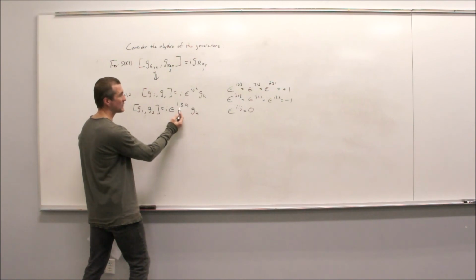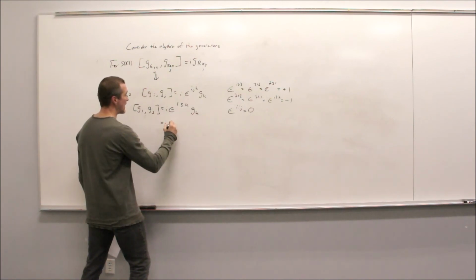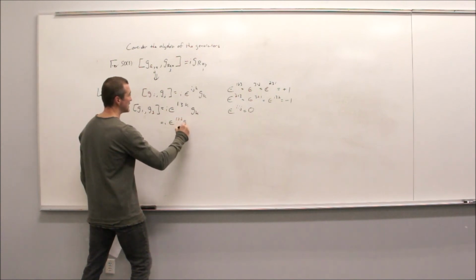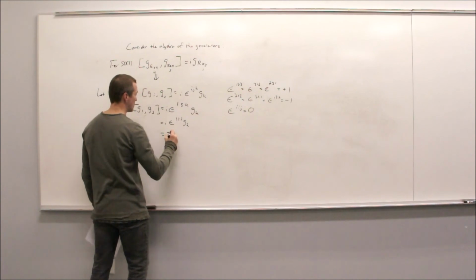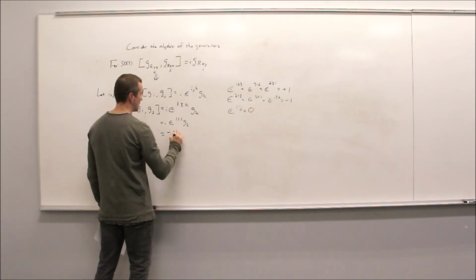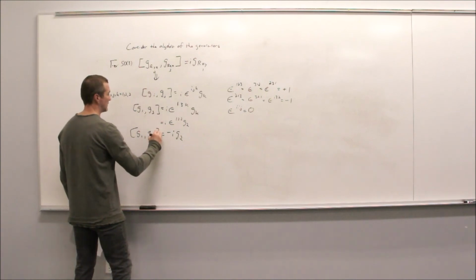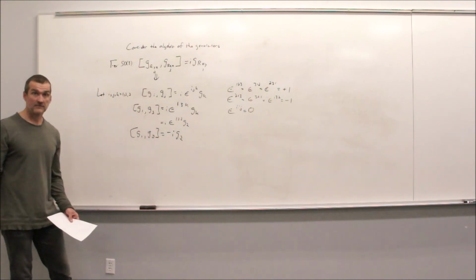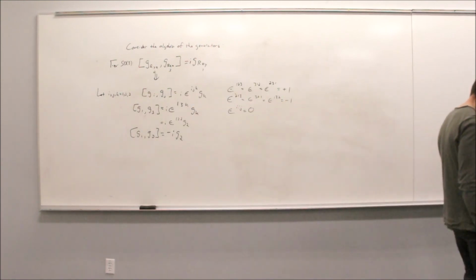It can't be anything else because if it's 1 or 3, it's automatically 0. So this is i epsilon_132 G_2, which is negative. Make sense? Okay.